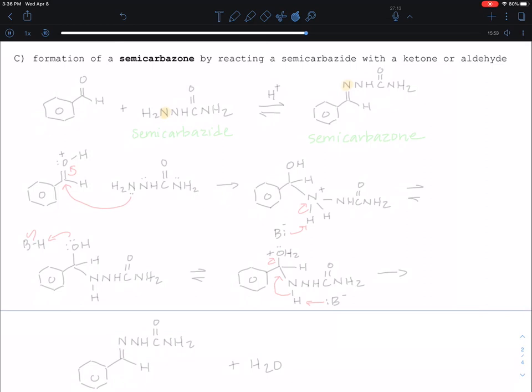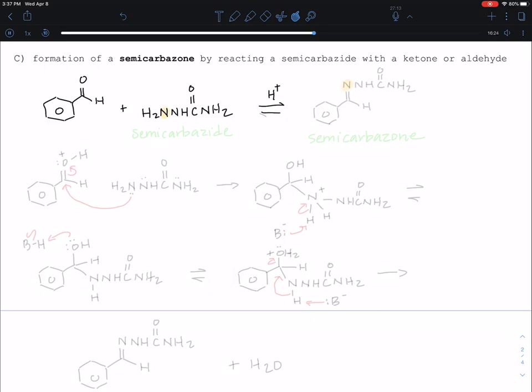Let's do benzaldehyde this time. So here's benzaldehyde. And this right here is our semicarbazide. Looks insane, huh?